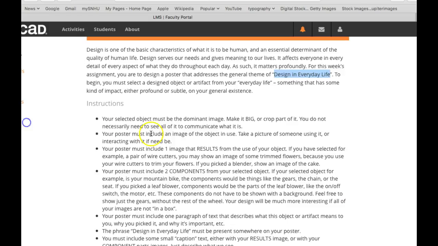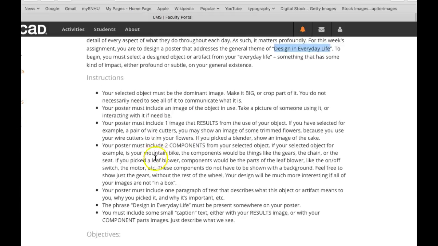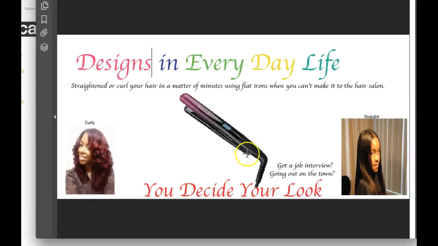Then your poster must include two components of the selected object. So we need to show two components of a curling iron. I don't know. A curling iron seems to be a one-piece thing, so there's not really any components to it. Maybe you could show the carrying case, or some of the gel that you use with it.